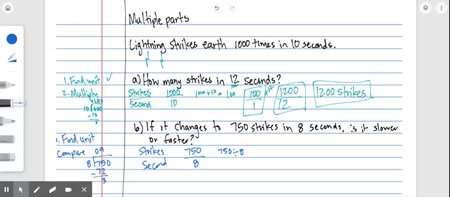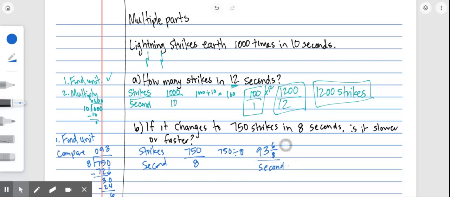We get a 3 and a 0. 8 goes into 30 3 times, and that's 24. And that's 6 left over, okay? So I've got 93 and 6/8 per second.